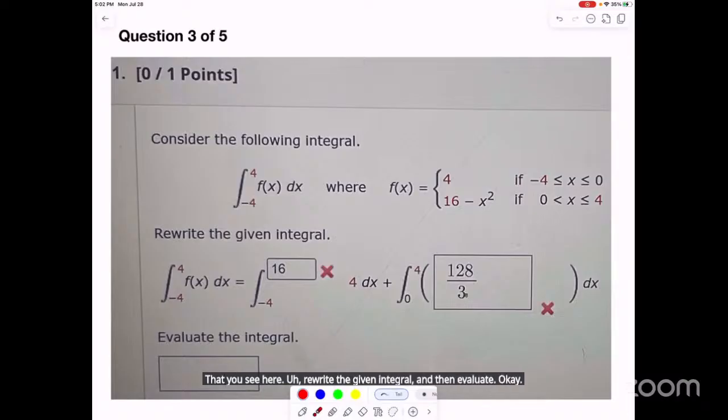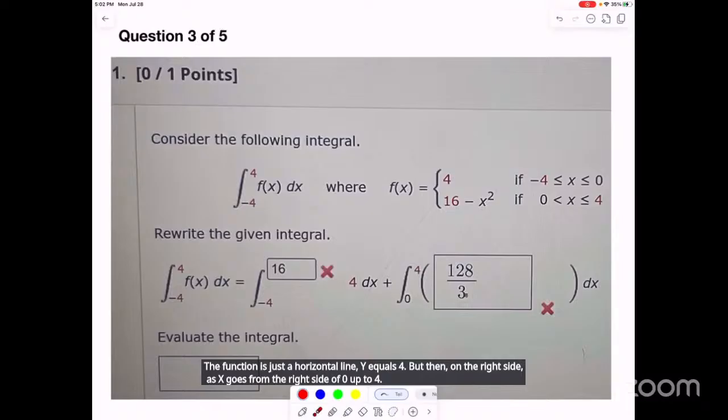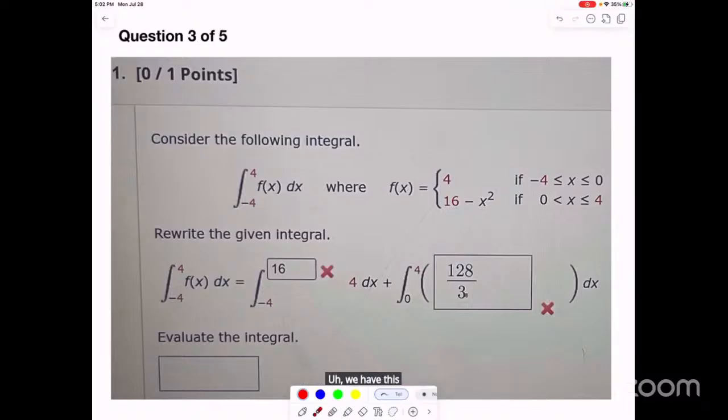Okay. So we have this piecewise function when as x goes from -4 to 0, the function is just a horizontal line y equals 4. But then on the right side, as x goes from the right side of 0 up to 4, we have this downward facing parabola, 16 minus x squared. If we want the integral as x goes from -4 to 4, we can break it up into two integrals.